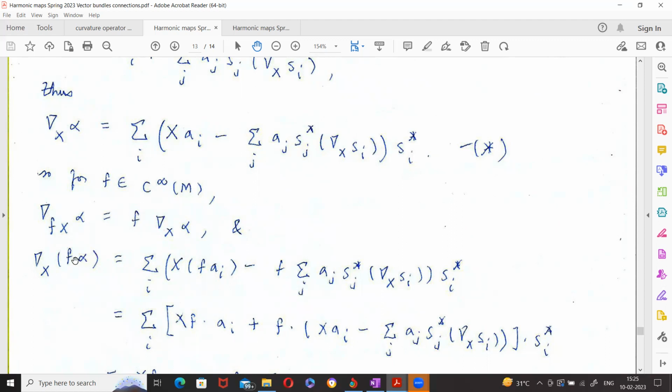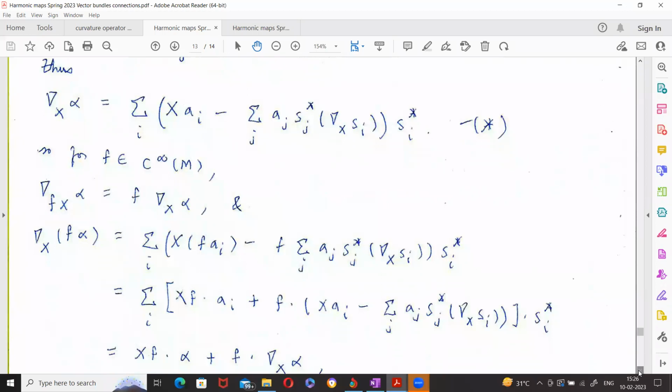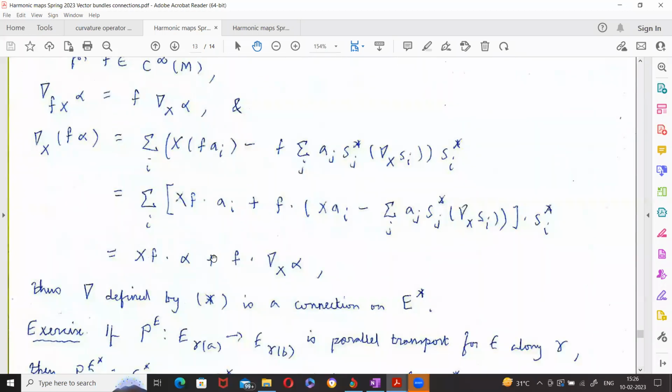And in the second variable, it satisfies the Leibniz rule. So if I multiply alpha by f, then my coefficients A_i all get multiplied by f. And then you just do the calculation, you'll get X of f A_i, so you use the Leibniz rule for X, and you'll find that it satisfies the Leibniz rule.